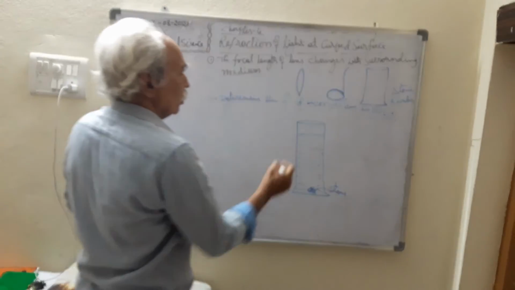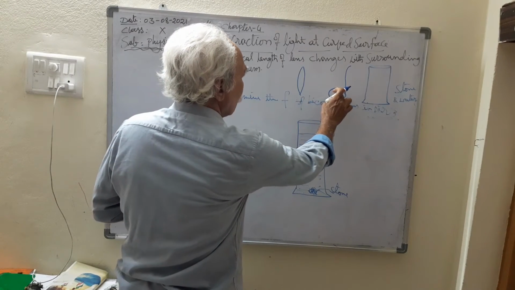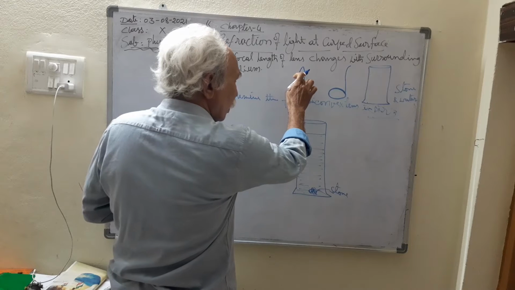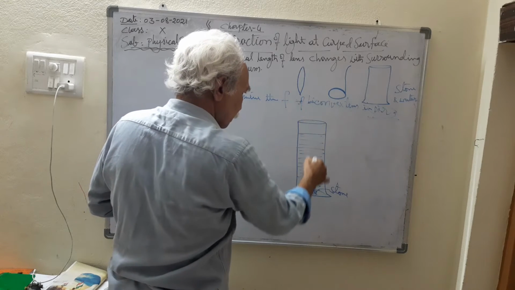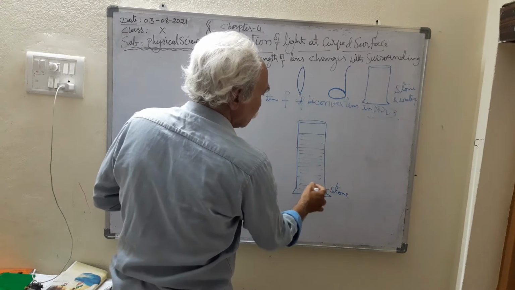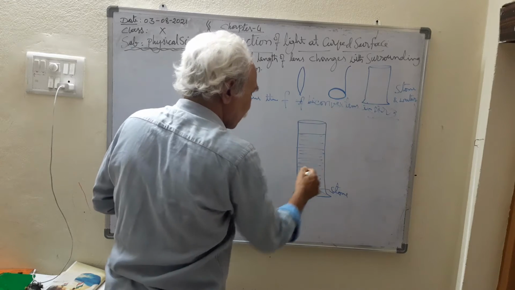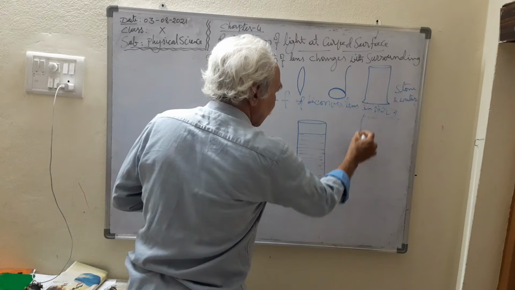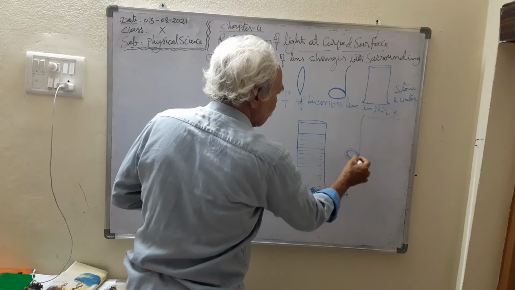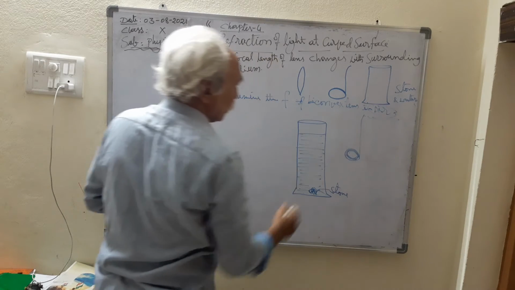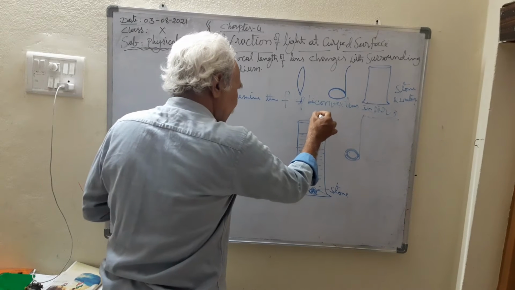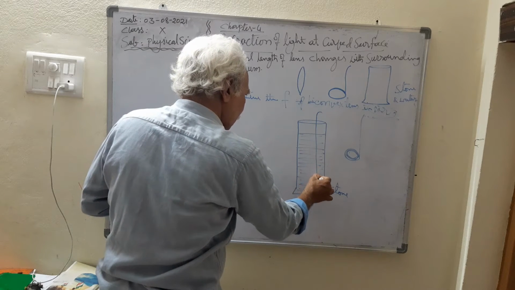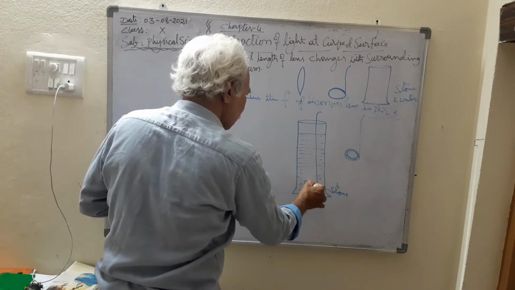Right. Now, with the help of the lens holder, hold this lens horizontal to the stone and dip it in vertical position. So this is the lens holder here. This is the lens. Put the lens in the lens holder and insert that holder just above the stone.